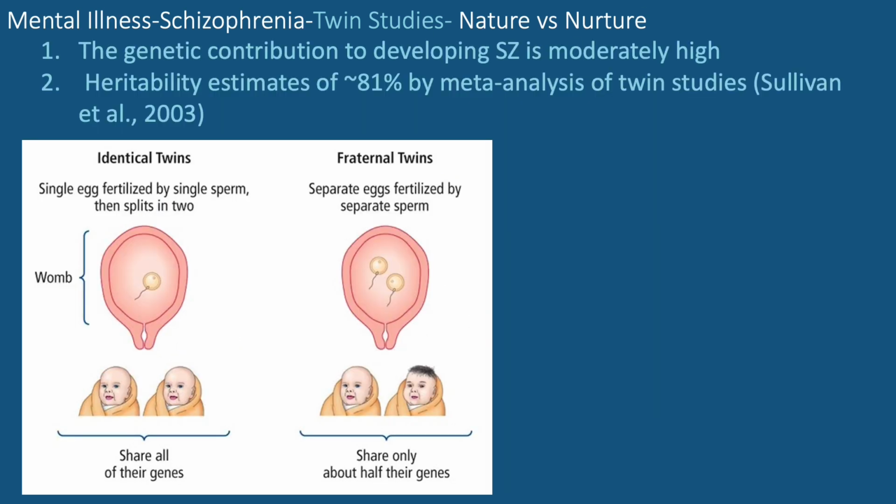Now, studies based on analysis of twins have shown that the genetic contribution to developing schizophrenia is moderately high. And in addition, that the heritability is substantial, roughly 81%, by meta-analysis of twin studies.